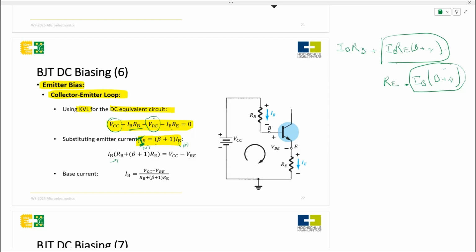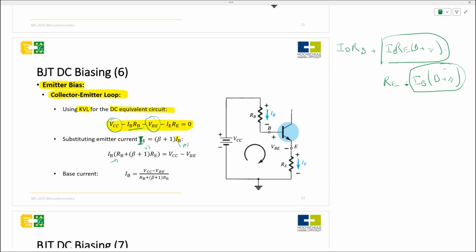So here is an IE, not a VE. When you replace it, that will make sense. I believe we corrected a small error here, but it's okay.